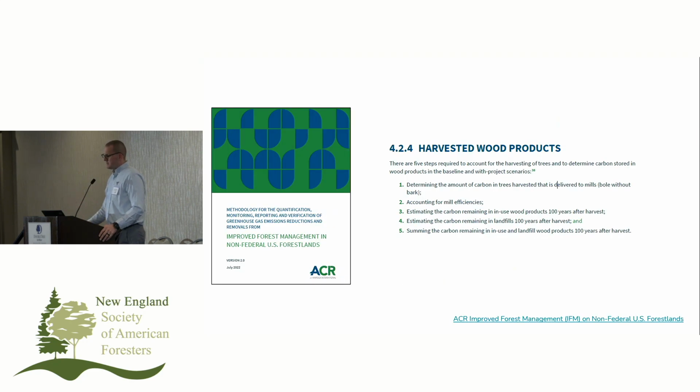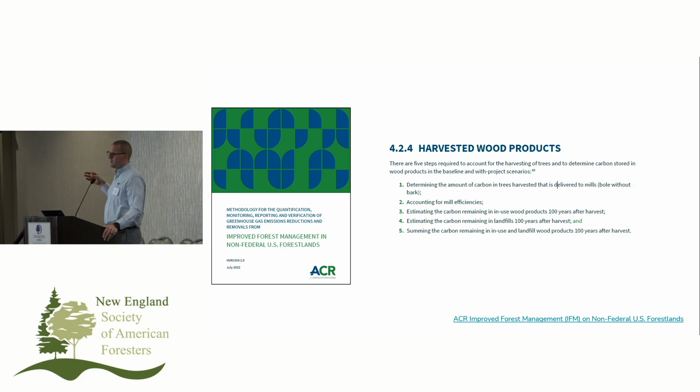Here's another example. This is the American Carbon Registry, one of their methodologies for improved forest management practice on U.S. forest lands. You can dig into their documentation about what you need to know to account for harvested wood products. In this case, it's mostly looking at how much carbon was harvested that's going to go into those products.